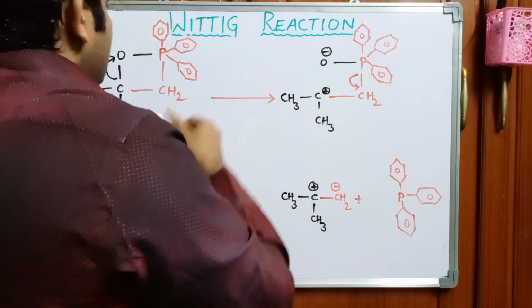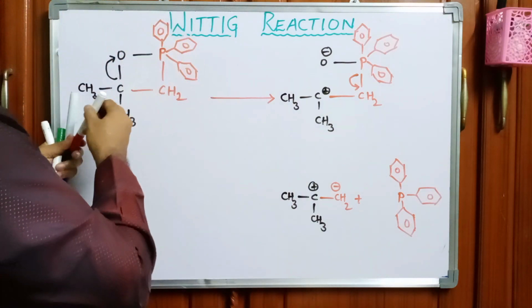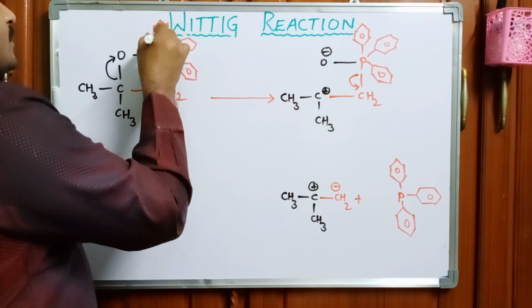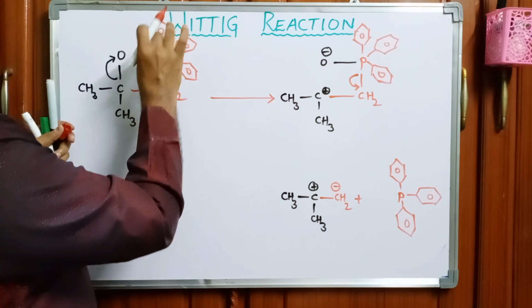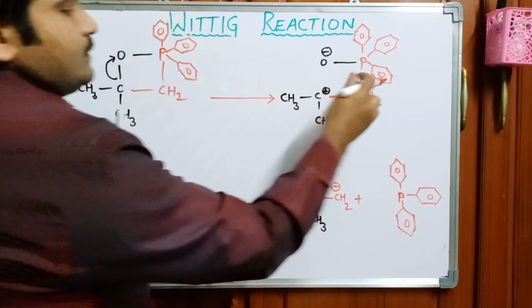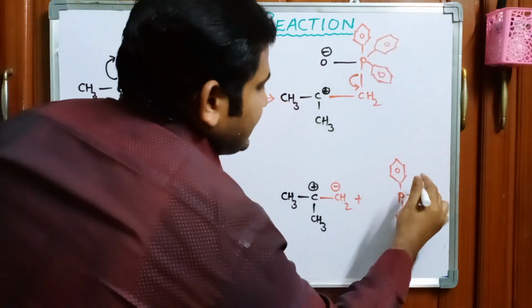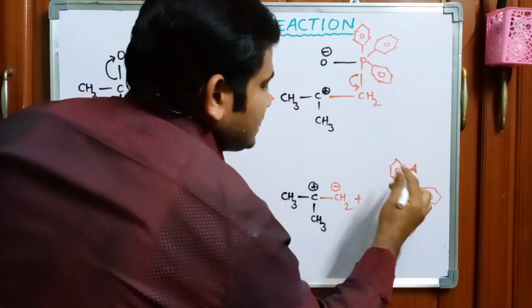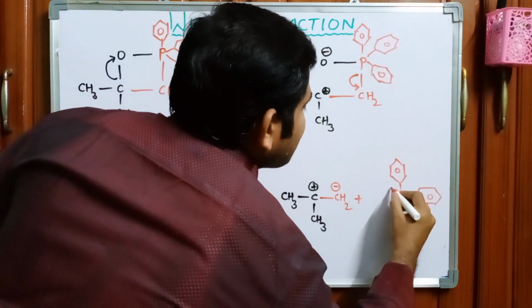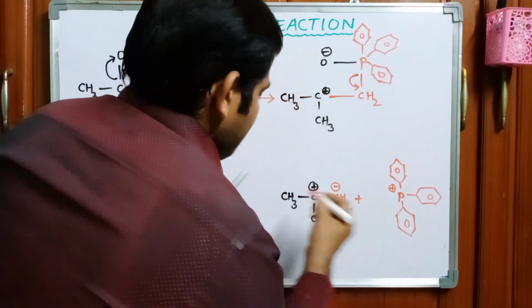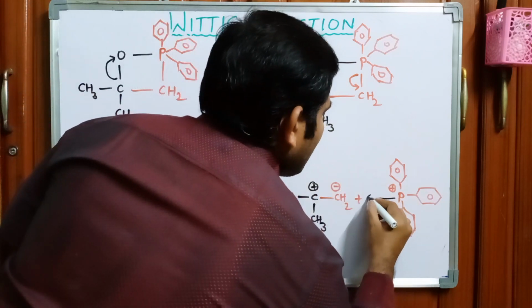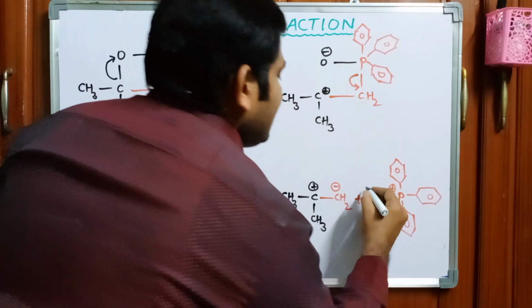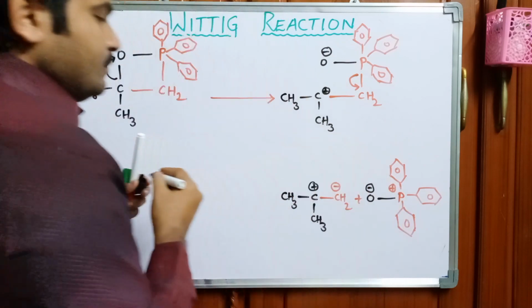Oxygen. Sorry, I have forgotten to write positive charge here. Sorry. There is no positive charge. Here, after cleavage of this bond, this phosphorus attains positive charge. Bond with oxygen. What is the charge here? Negative.